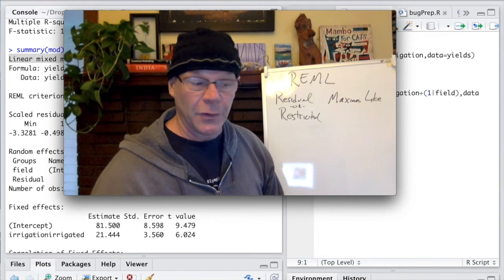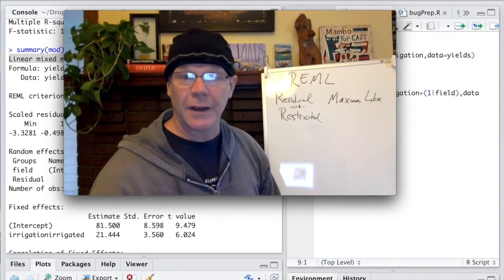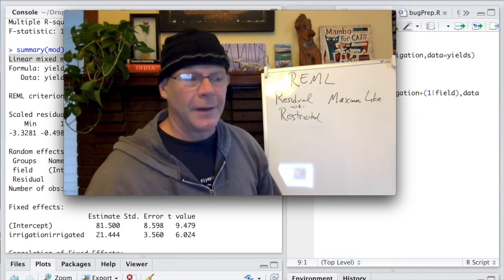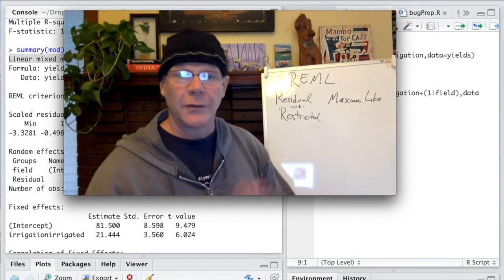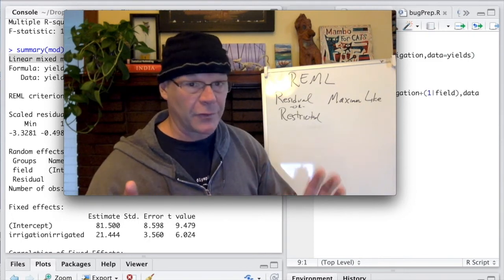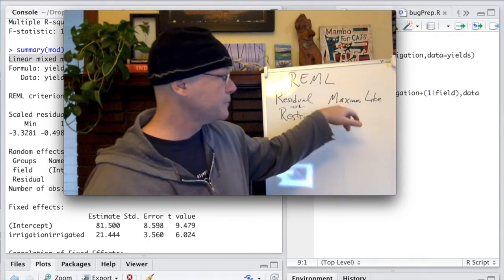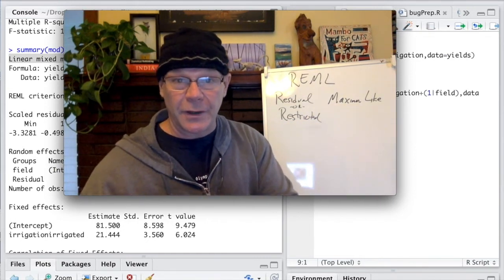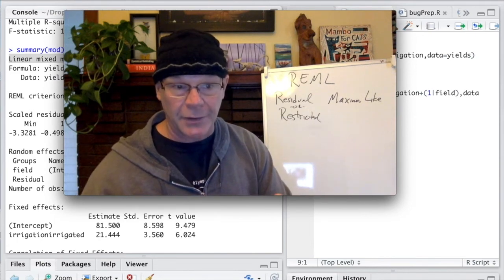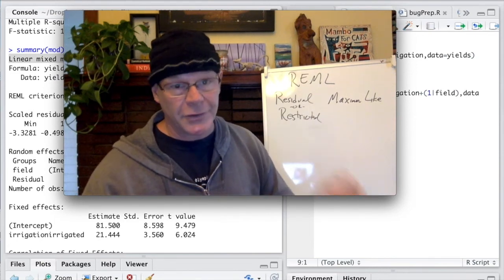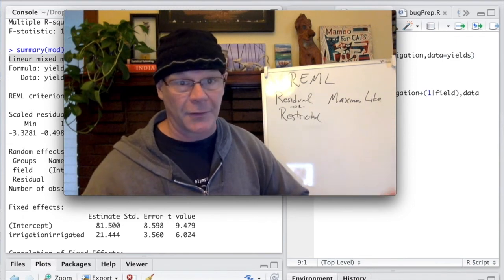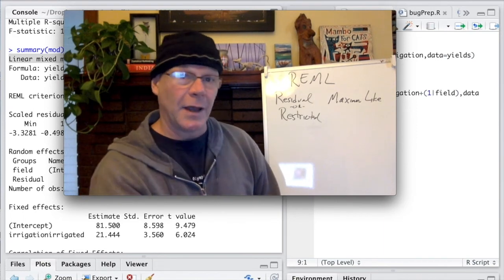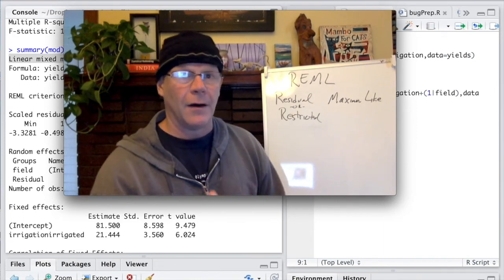What it refers to is that when partitioning the error structure, when we're setting up a mixed model, it is using maximum likelihood to estimate the parameters associated with the error term, but then once it establishes the error term using maximum likelihood, the rest of the model is done just as we've been doing linear models since we began, which is ordinary least squares. And so we're only restricting maximum likelihood to the error component of our model.